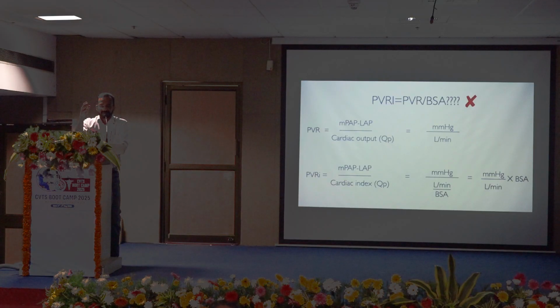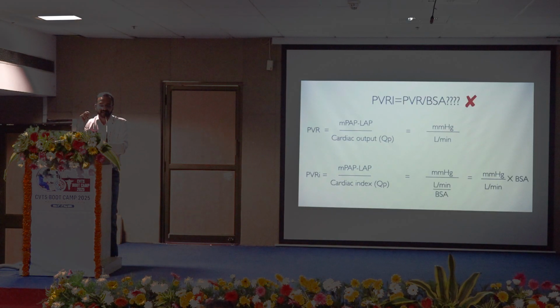But I've seen several people taking the PVR and dividing it by the body surface area. It's wrong. Always remember this, because I've had patients who were inoperable being treated as operable and then landing up in trouble. So it's a very important thing.